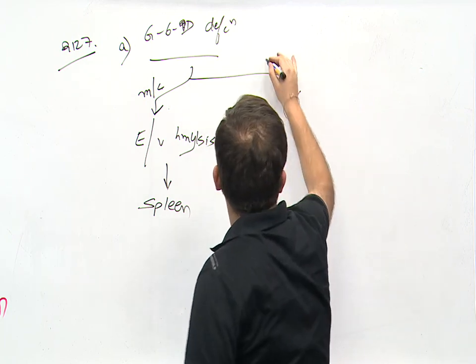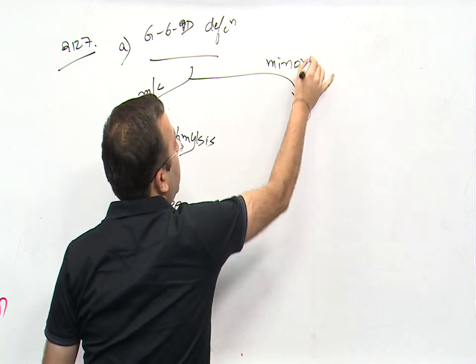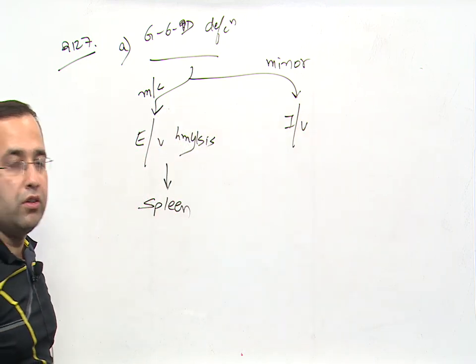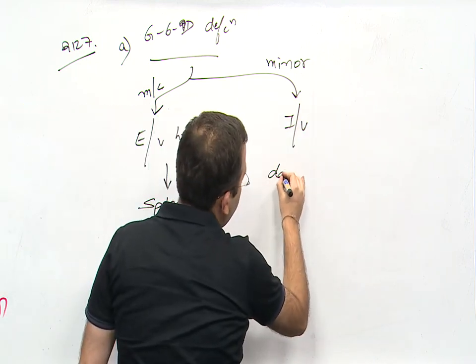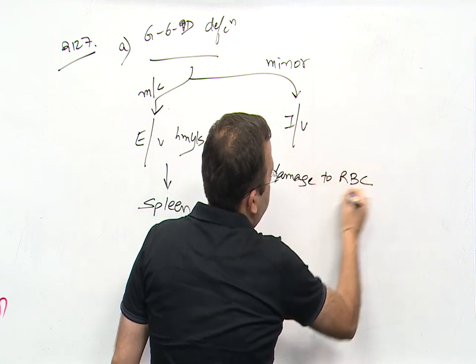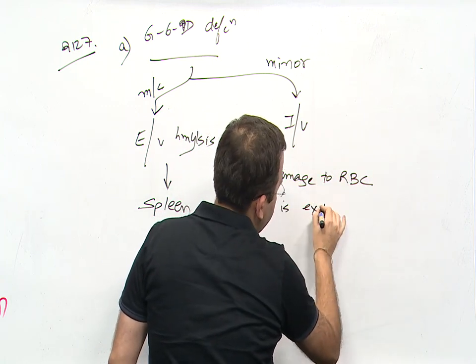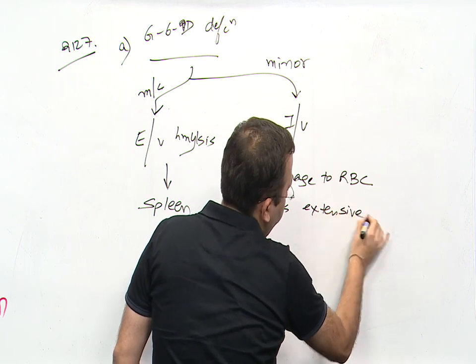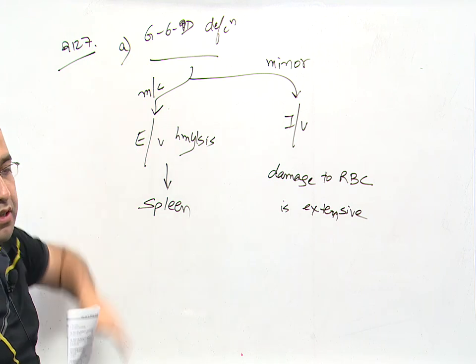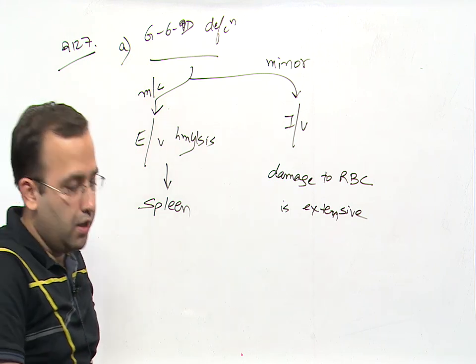It can also have a minor component of intravascular hemolysis if damage to RBCs is extensive. So answer is G6PD deficiency.